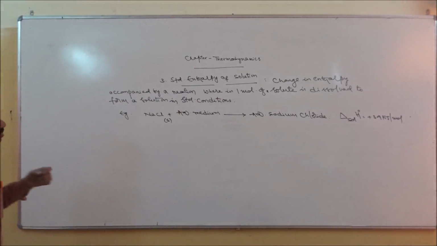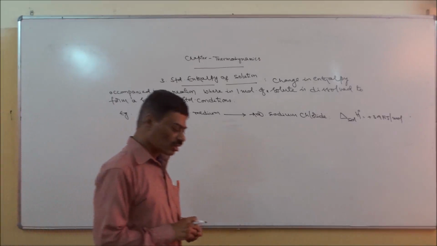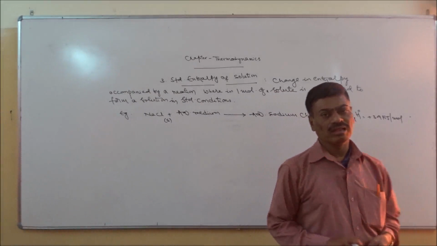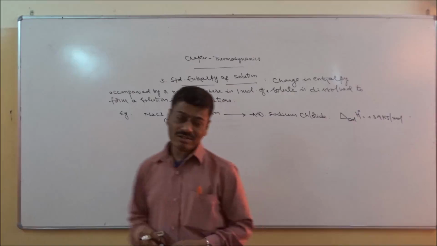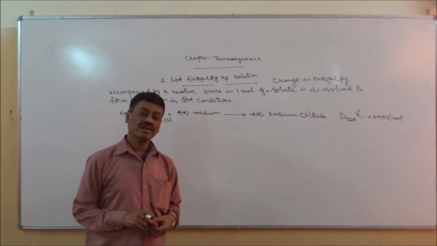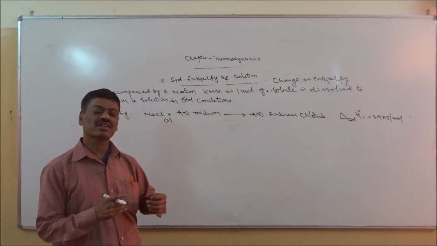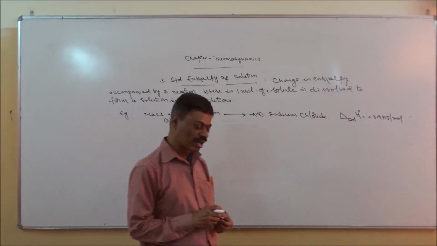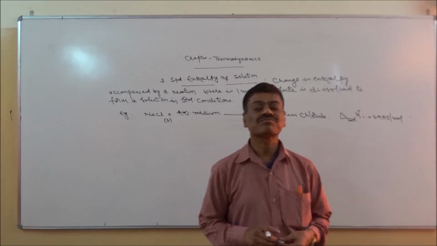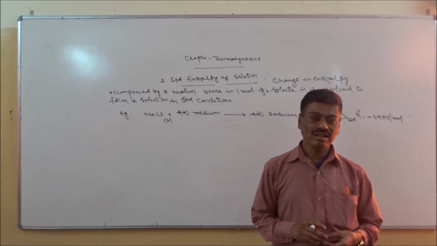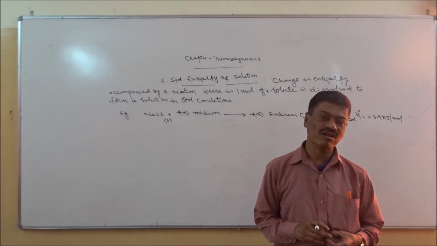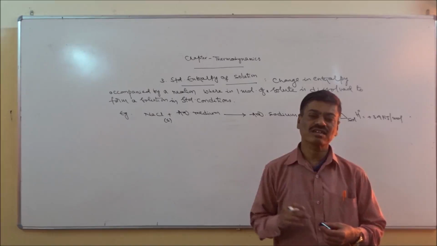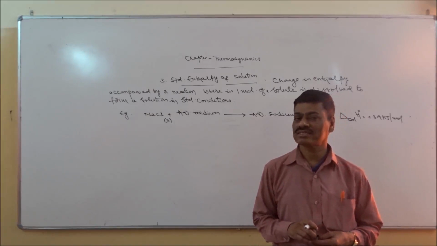Next, first law of thermodynamics. This is nothing but law of conservation of energy. So whenever a system undergoes a change or change in enthalpy or energy accompanied by a reaction wherein a particular system is involved, that system may be composed of only one reactant or more than one reactant.